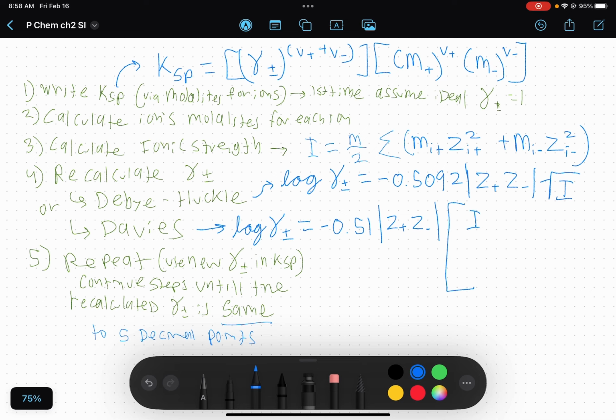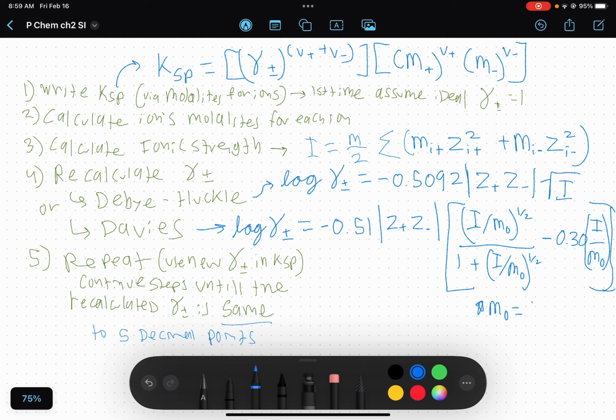To the I over m naught, to the 1/2, which is just another way of doing square root. That's how she usually writes it, I think. So that's how I write it. Minus 0.30 I over m naught. Okay. And then note that m naught is 1 molar. Cool.